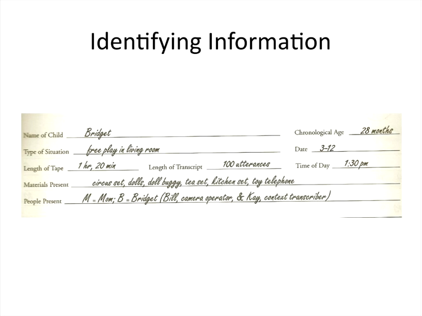Do you know how to do chronological age? All right, so yes or no? All right. Yes, in a while. So we'll have to do that because you got to get that right as well. Okay, the type of situation, free play in the living room, the date, time of day. Your length of transcript will be 50 utterances. And then how long it took.